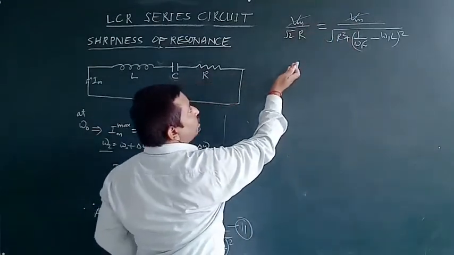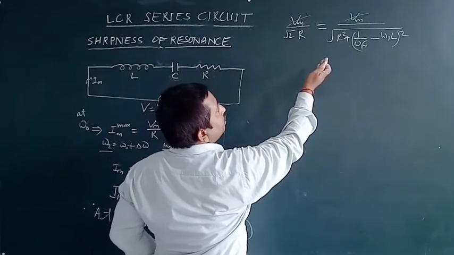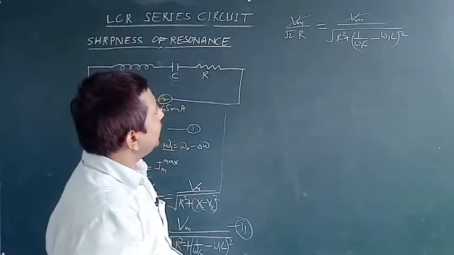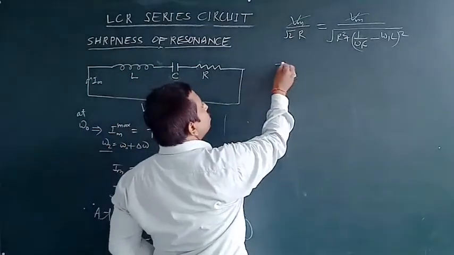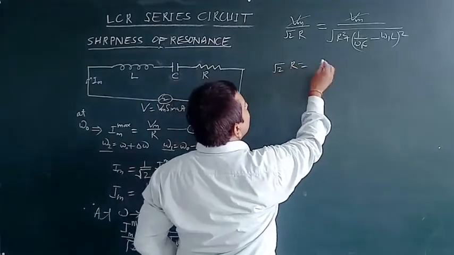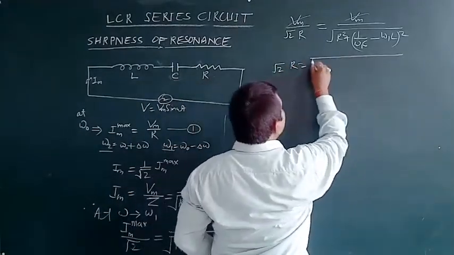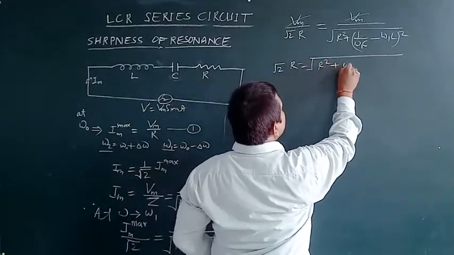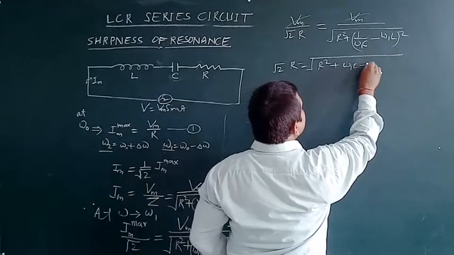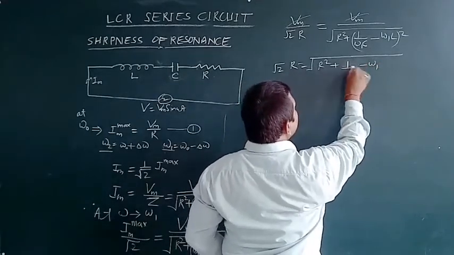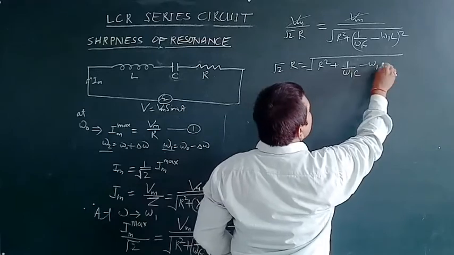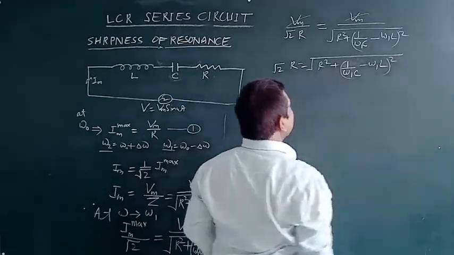inverting the terms of left side and right side, then we get root 2R is equal to root of R square plus (1 by omega 1 C minus omega 1 L) square.